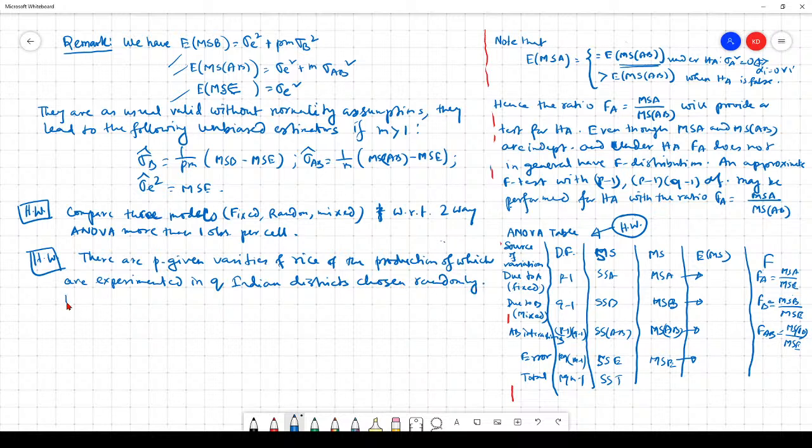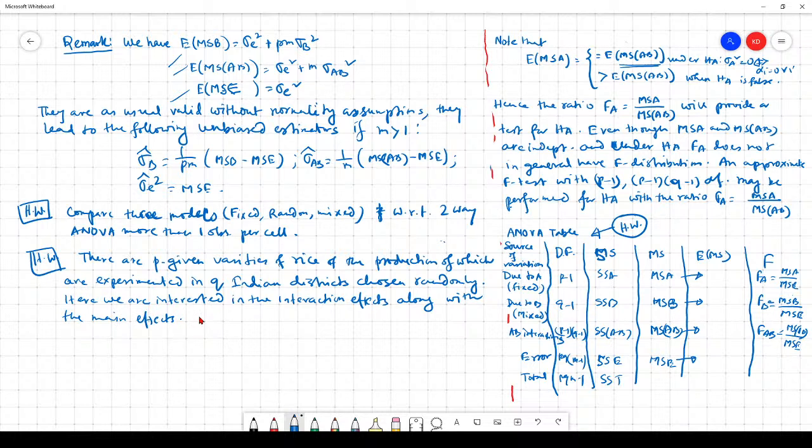Here we are interested in the interaction effects along with the main effects.